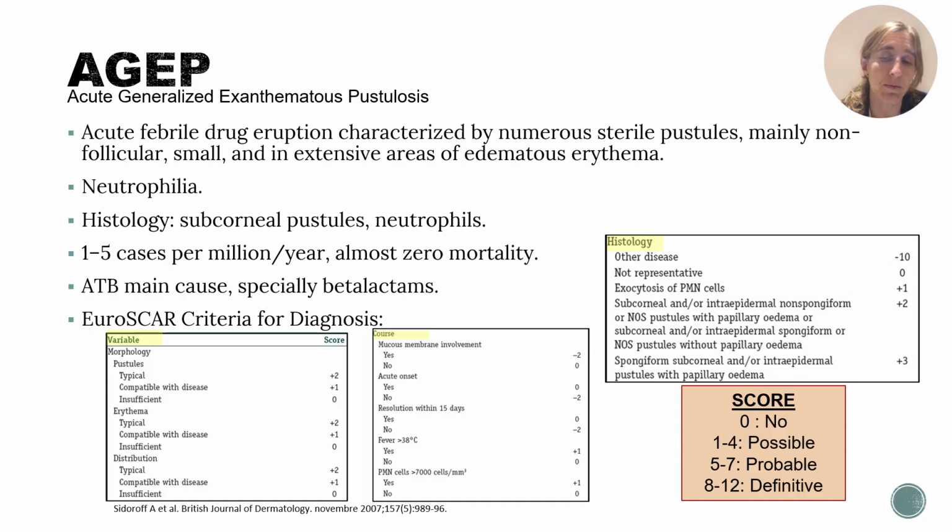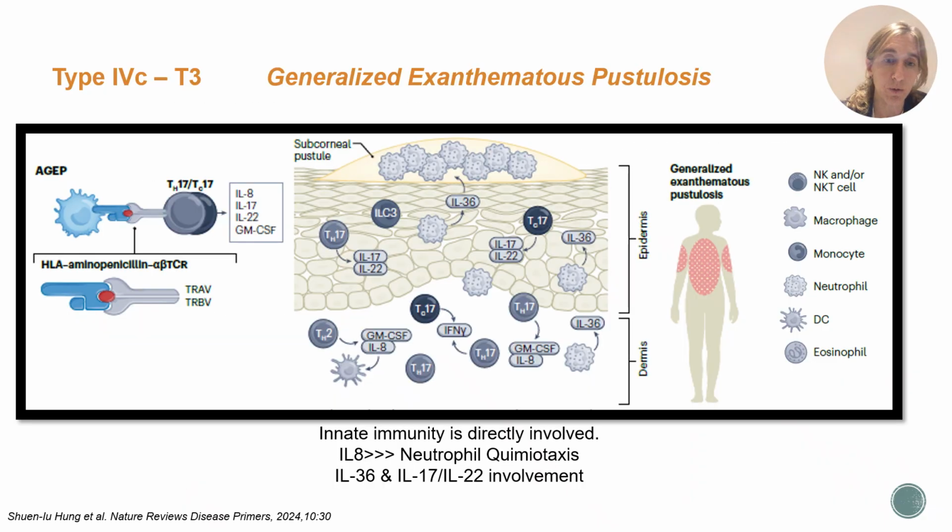There are several items to take into account, and with this we have several scores that give us a possible, probable, or definitive diagnosis. For acute generalized exanthematous pustulosis, it's very interesting to know that the Th17 axis is involved.